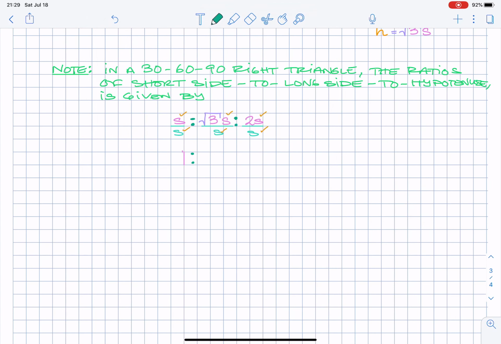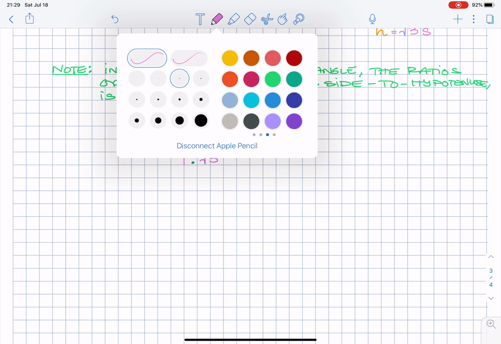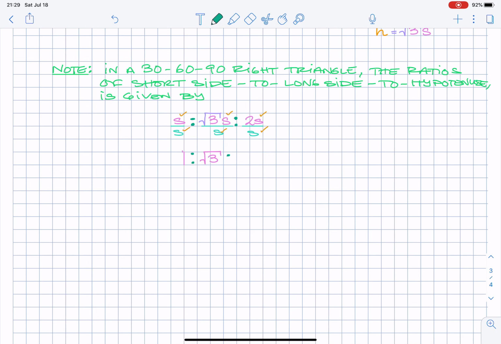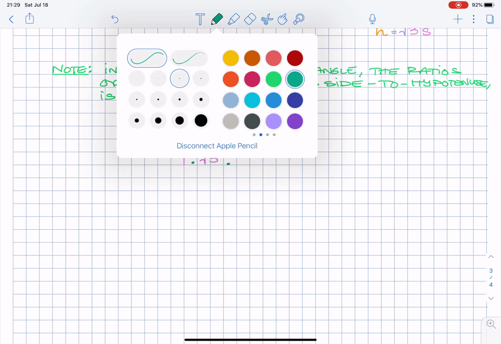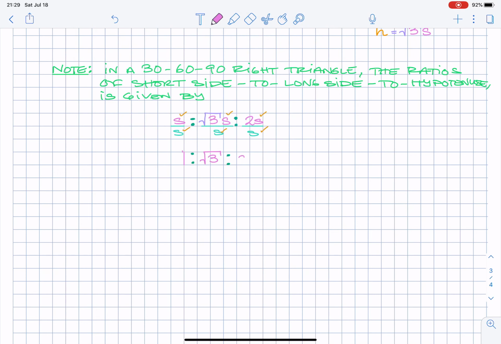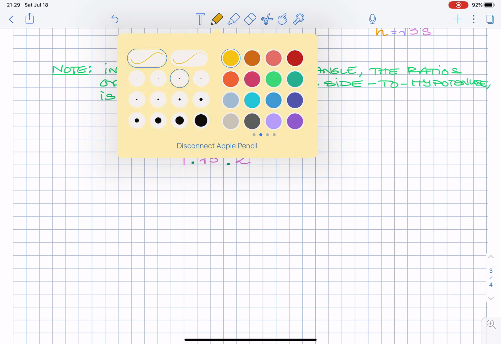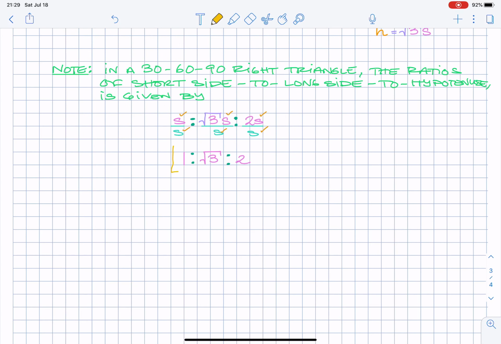In the second part of the ratio, it's just root 3. And the third part of the ratio is 2. Okay, so let's put a box around this so we see this as well.